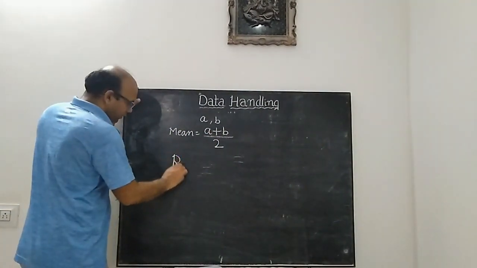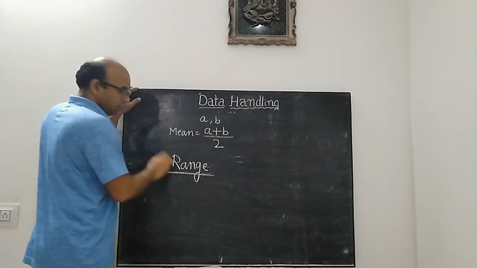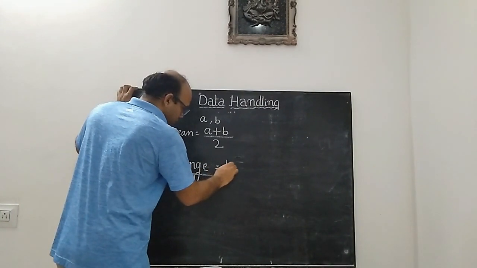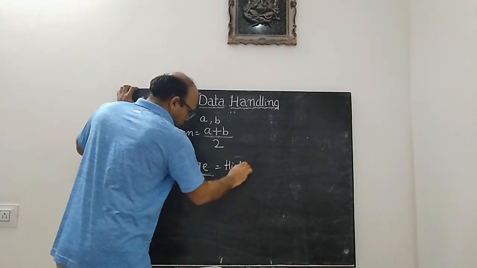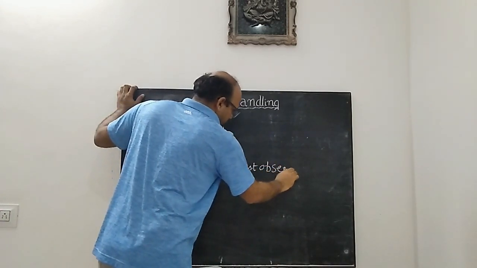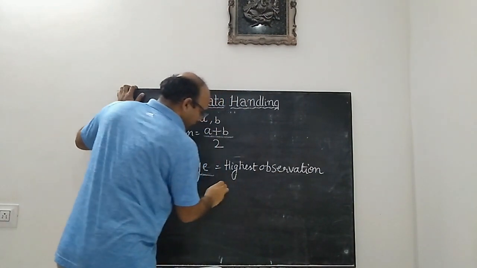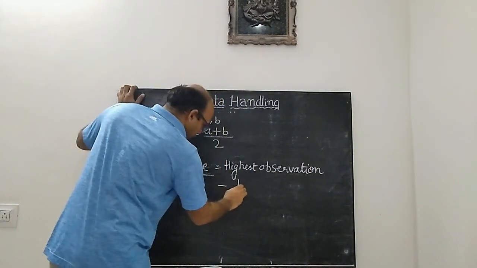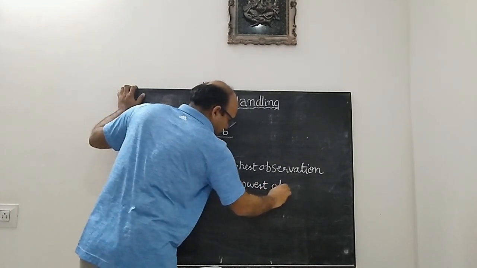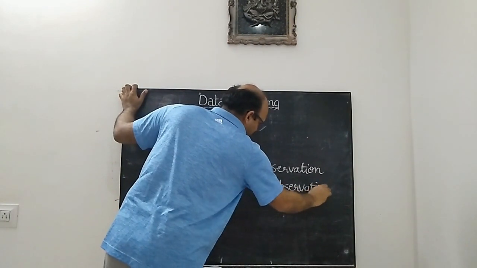The next thing what we are learning is basically range. So what is range? Range is equal to highest observation minus the lowest observation.